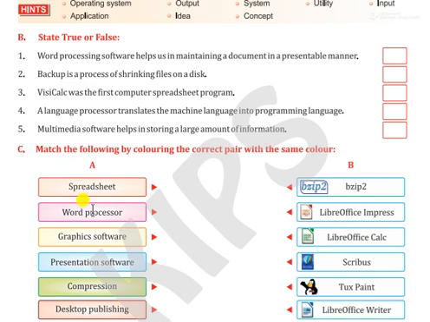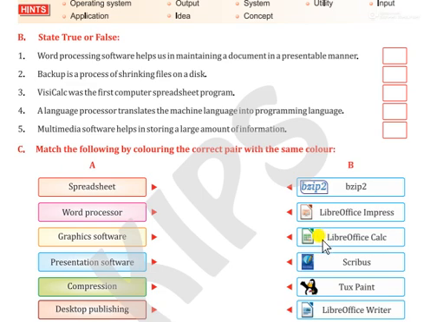Let's begin. The first one is spreadsheet. Spreadsheet is a kind of software where we want to do tabular work. For spreadsheet work we can use LibreOffice Calc. So your first one will go with the third one, that is LibreOffice Calc.